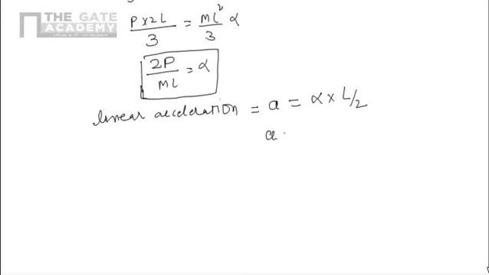So linear acceleration a equals alpha into L by 2, which is 2P/mL into L by 2. The 2 and L cancel, so P by m is the linear acceleration.